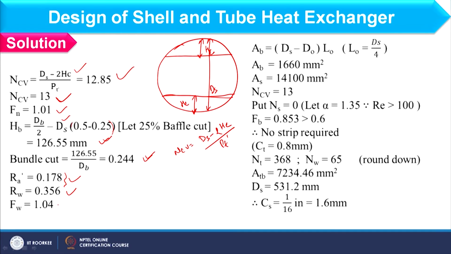And after that we can consider the graph of FW. Okay, if you remember, we have seen the graph of FW as well as RW, right. So you can find out the FW value as 1.04. Okay. And further we can see the bypass correction factor as well as the leakage correction factor. Now if you consider the bypass correction factor, we have to find out whether sealing strips are required or not.